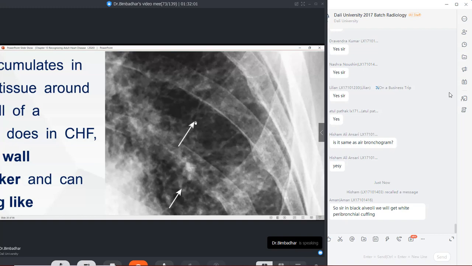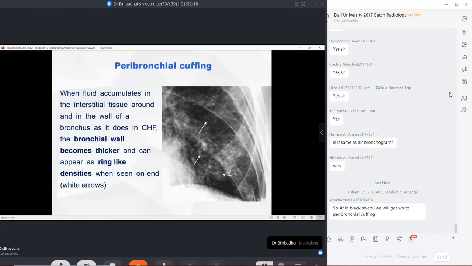It means the inner walls of the bronchi are filled up with fluid. That's the reason. And you see here, this is much more apparent, and this is the accompanying pulmonary artery to it. They become more visible. Such an appearance is called peribronchial cuffing.